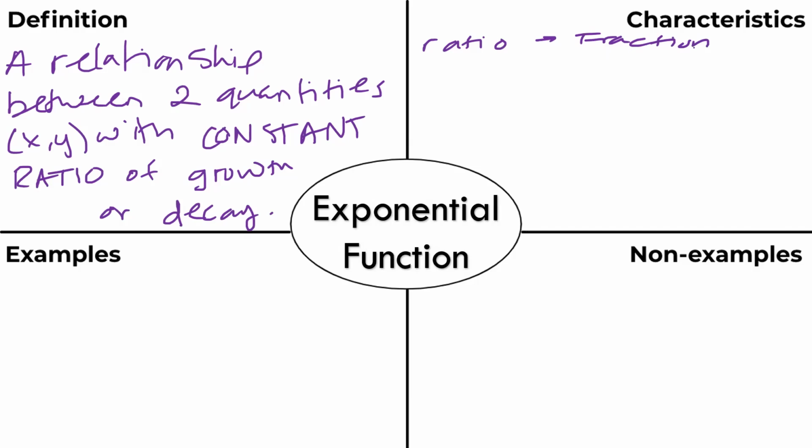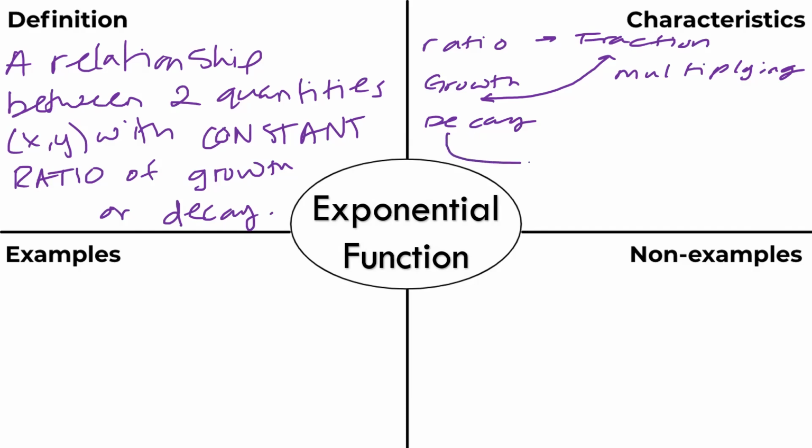So when you have a constant ratio, we're going to define when it's a growth. If you have a growth, that means your function is rapidly growing. Does that make sense? That's because you are multiplying. If you have a decay, that means your function is rapidly declining.